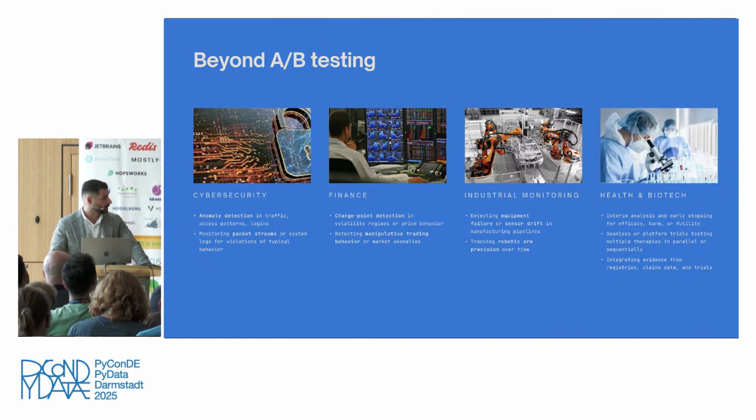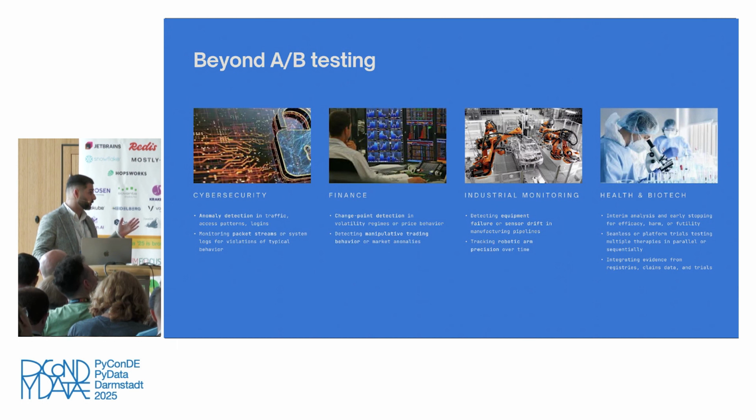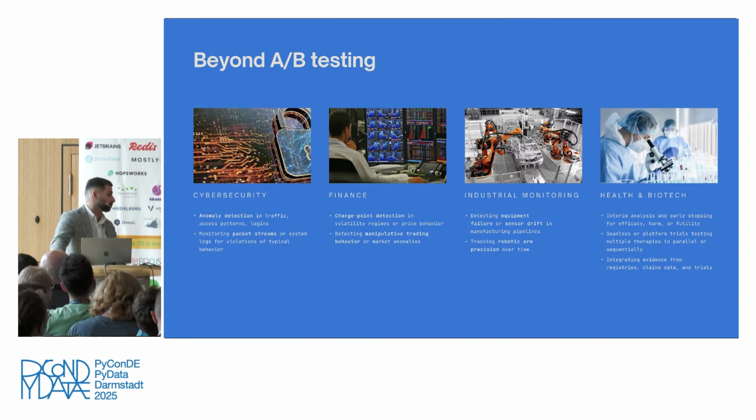But besides A/B testing, what is it that we can do with e-values and martingales? It's sequential. So one thing to have in mind is you could do change point detection for cybersecurity. This has a very natural approach to finance. Finance is probably just time series and sequential analysis.